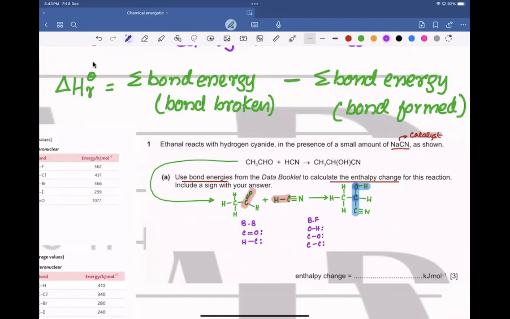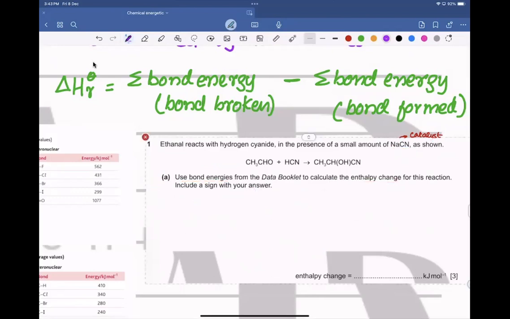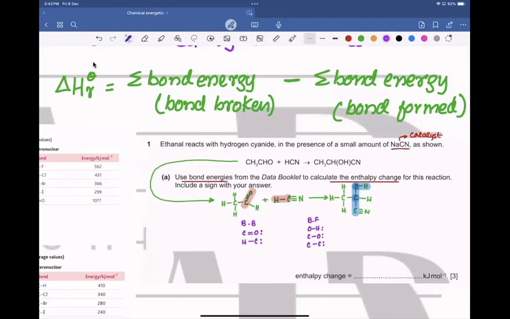So we consider this as the bond which is formed. Okay, so keep this in mind. If there is a bond which is present in the product, but that bond is not present in the reactant, then this bond is formed.